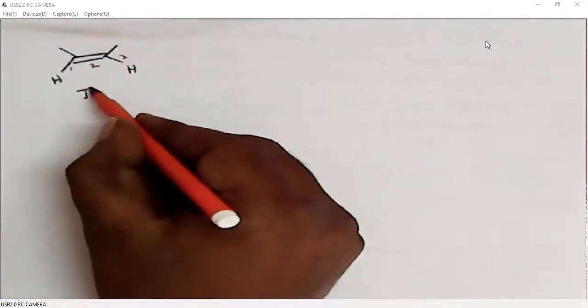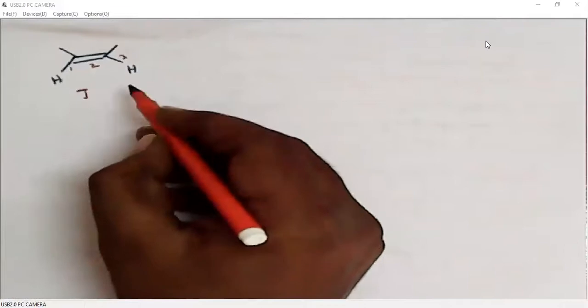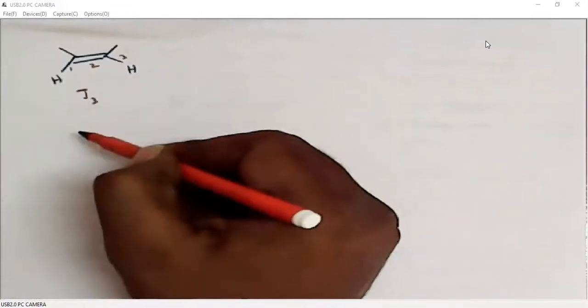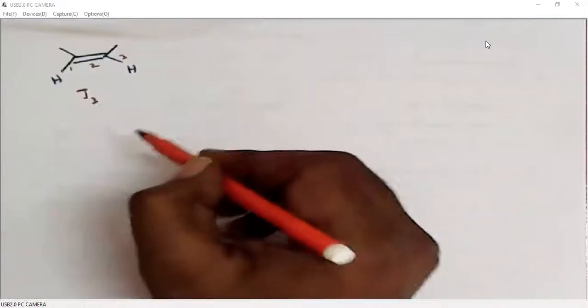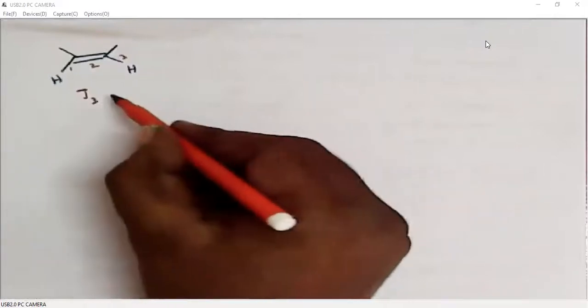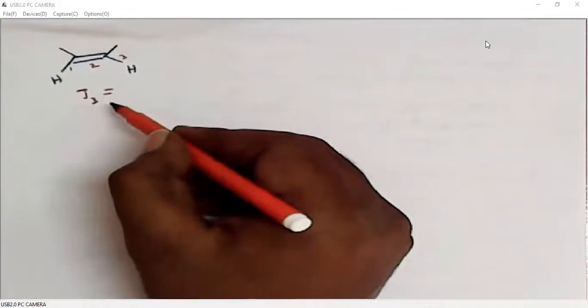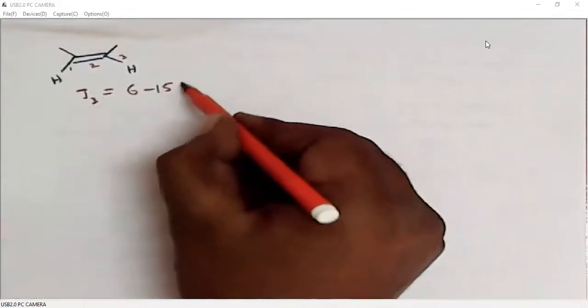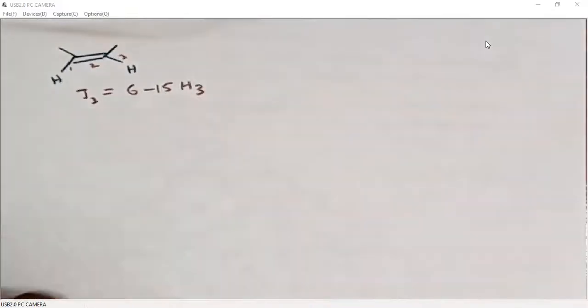We can also indicate the three bond coupling with a suffix. Generally it is not required, but we can indicate that. Now for cis protons, the coupling constant will be between 6 to 15 hertz.